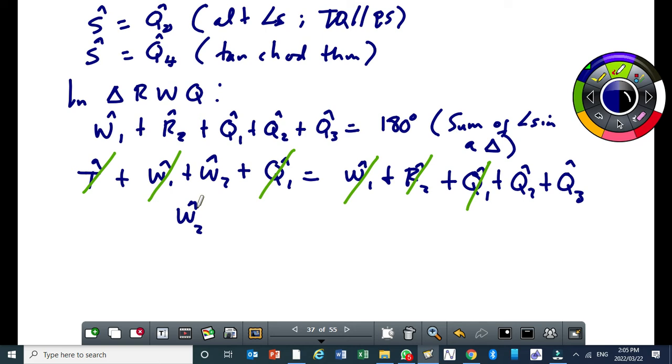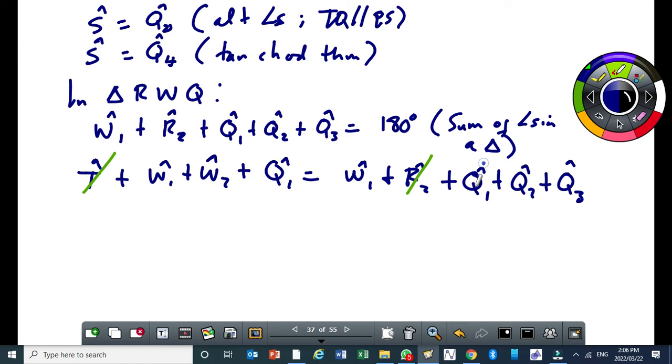So in that case now, please just bear with me. I rushed to cancel those two. Let's go back and not cancel, because I need to prove that this W1 is equal to what?